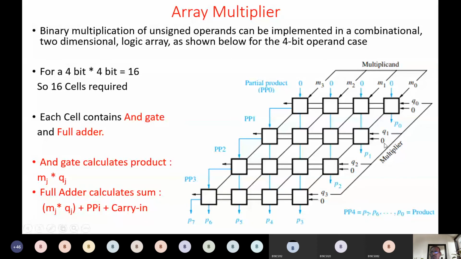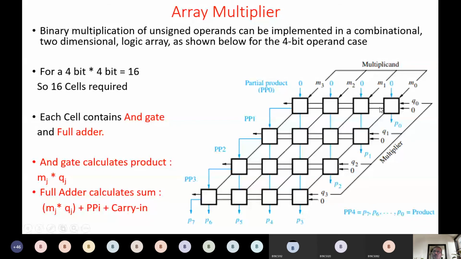And what about Q0, Q1, Q2, Q3, the multiplier part? You can see the multiplier part. Q0 is given as an input for all these cells. Why is it given to all these cells? Because Q0 needs to be multiplied with M0, M1, M2 and M3.